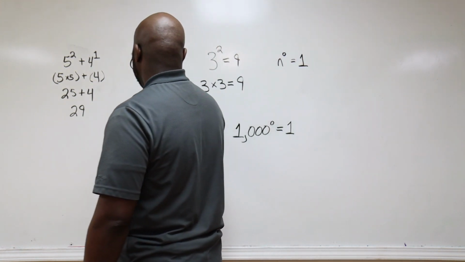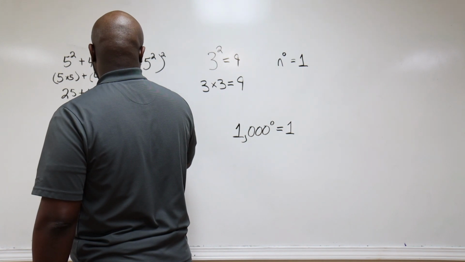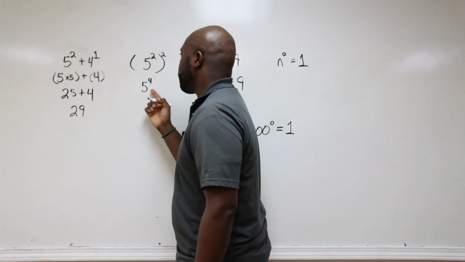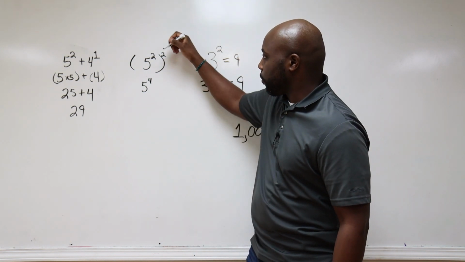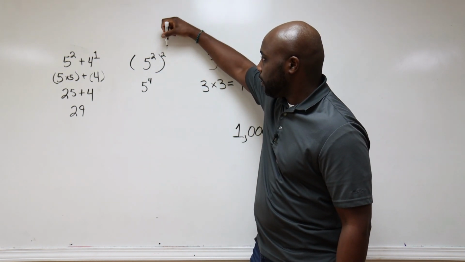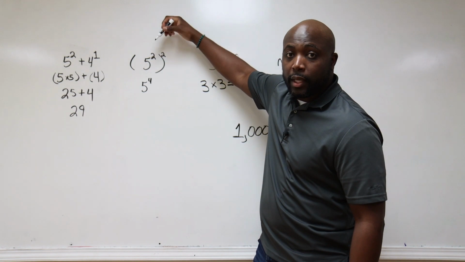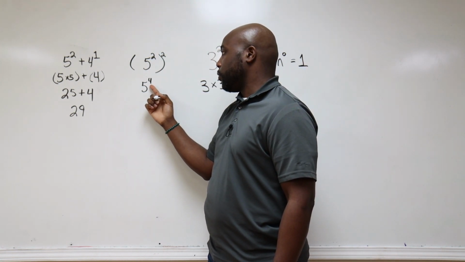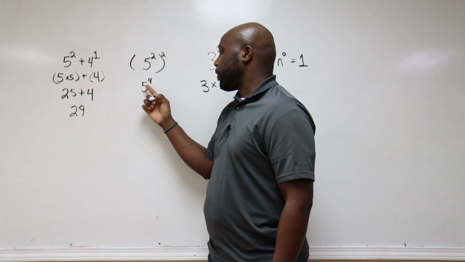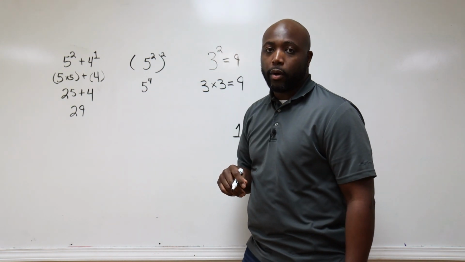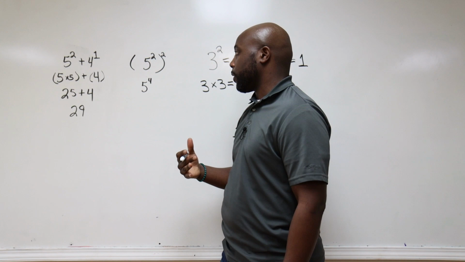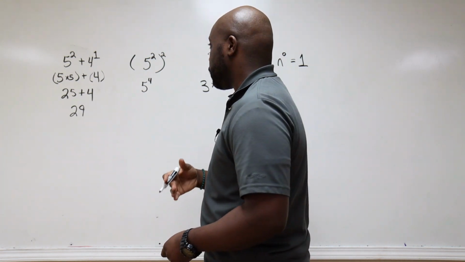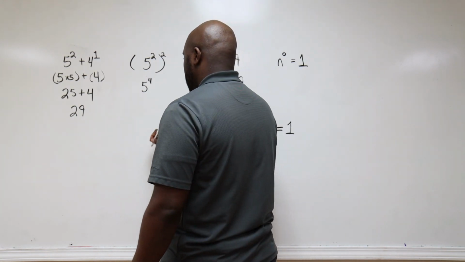So our solution will then be 5 to the 4th power, because we know that 2 times 2 is 4. Therefore, our new exponent is 4. So let's take a smaller number just for this particular example.